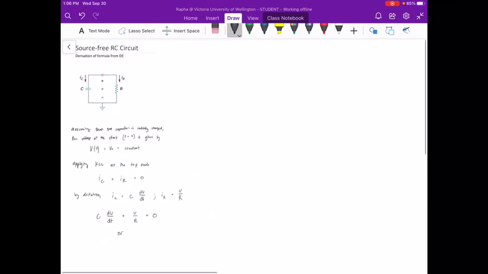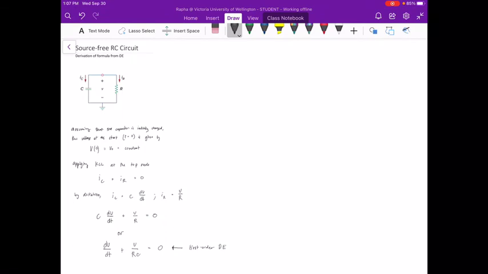Or, just rearranging terms, dV/dt plus V over RC is equal to 0. So this is an indication, class, that we have arrived at our first order differential equation.